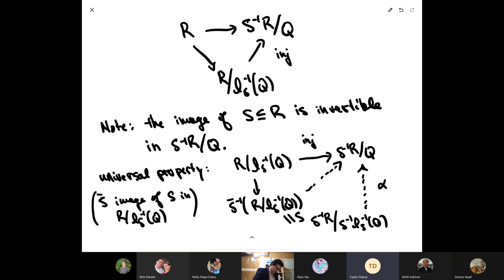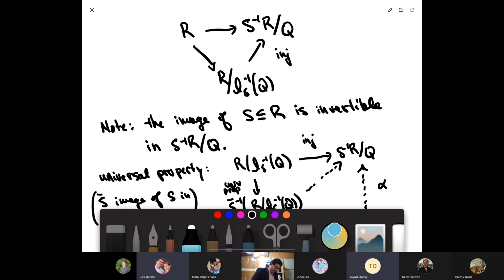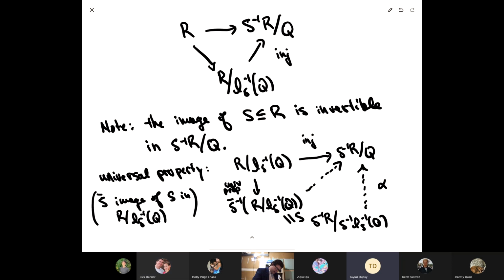This is the universal property. That's injective also, because this one is a domain, because you're modding out by a prime ideal. And the localization of any domain is a domain. It is just like adding fractions like you would think normally. And therefore alpha is injective too.